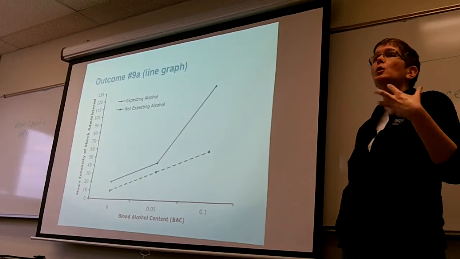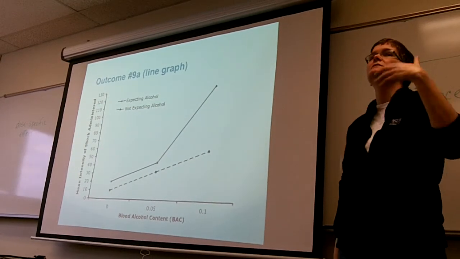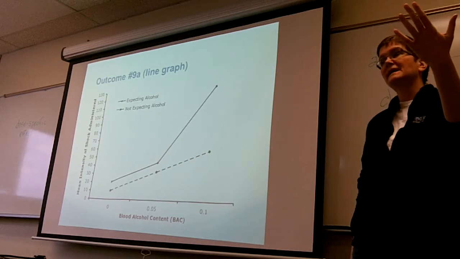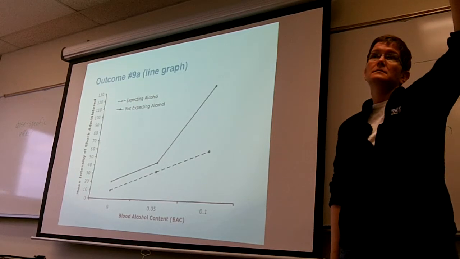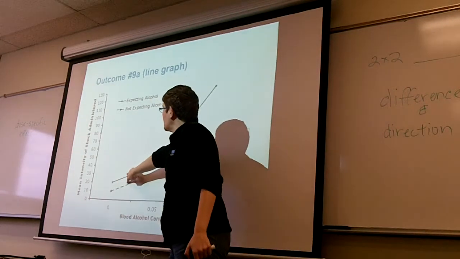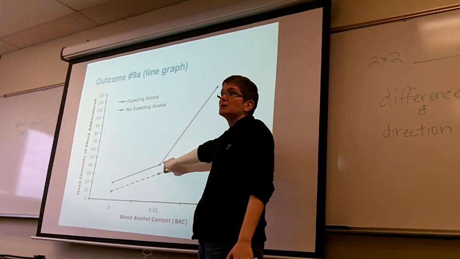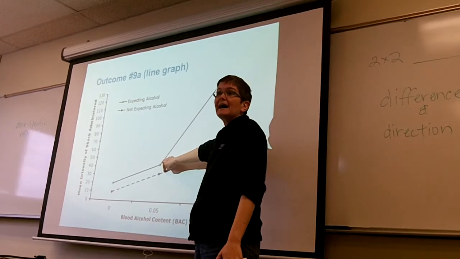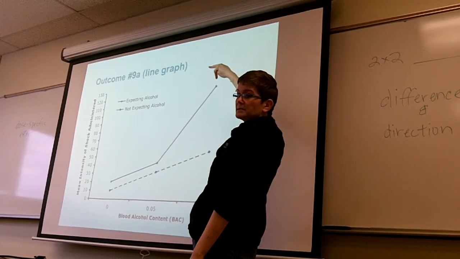The interaction only occurs after a certain dosage is reached. It's not a linear effect. It's a dose-specific effect. We get no interaction at lower dosages of alcohol, but then at the higher dosage, the interaction emerges.